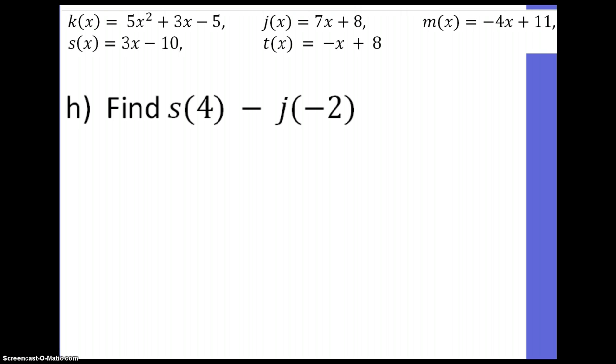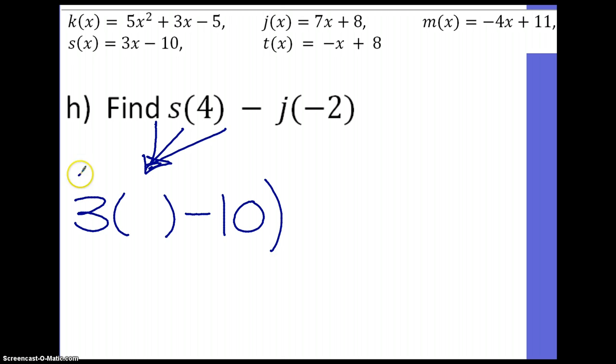This one is similar, only we are going to subtract and not divide. So we're going to write s of 4. So I'm going to write it down here, s of 4, so s, and I'm going to plug in a 4 for the x.